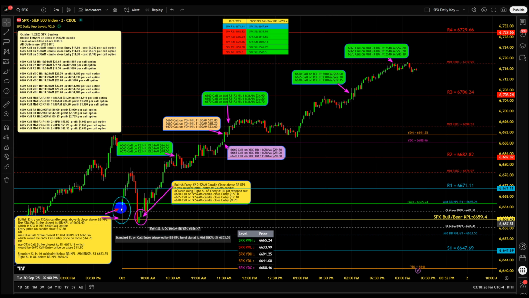Since this signal is from the BBKPL, then we would be choosing a strike as our primary option. That would be an at-the-money strike closest to this price here of 6659.40, which would be the 6660 call.